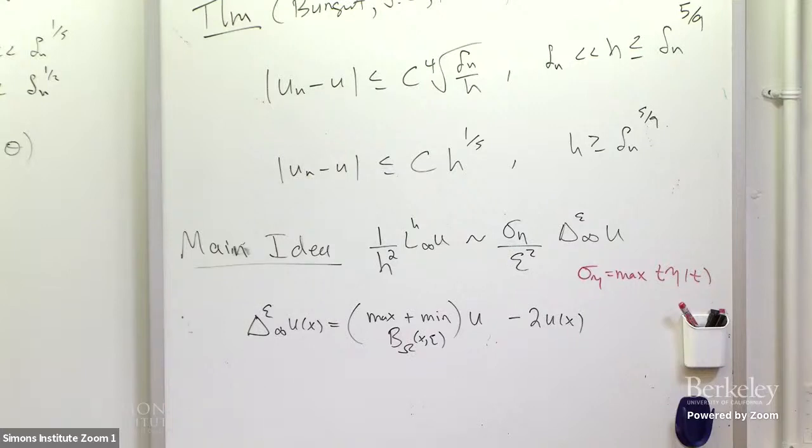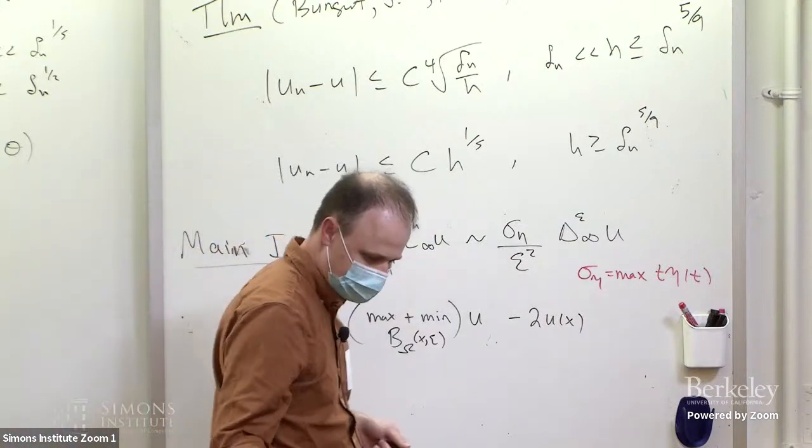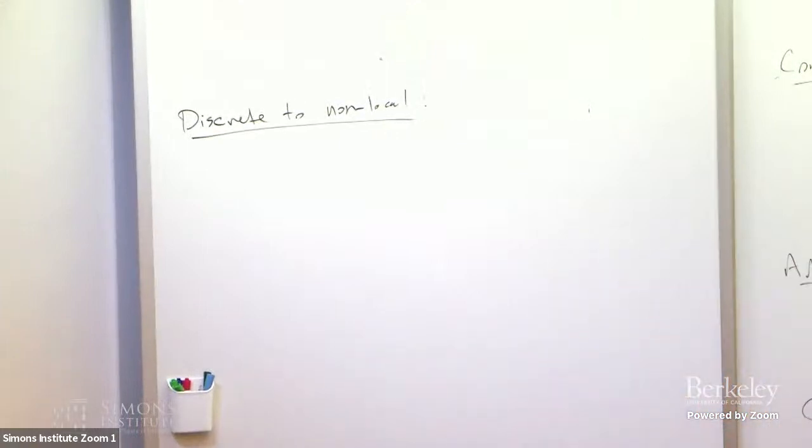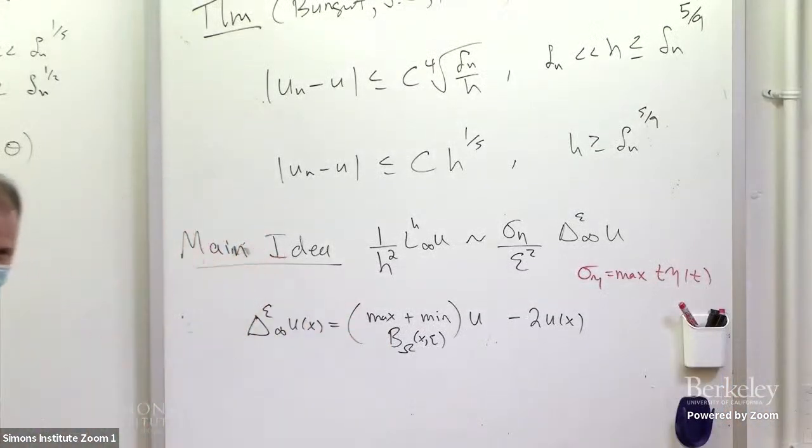So the exact form of what does this mean here? Is what I would call discrete to non-local. And so what we prove is, well, first we have to have a way to interpolate the function from the graph to the domain.